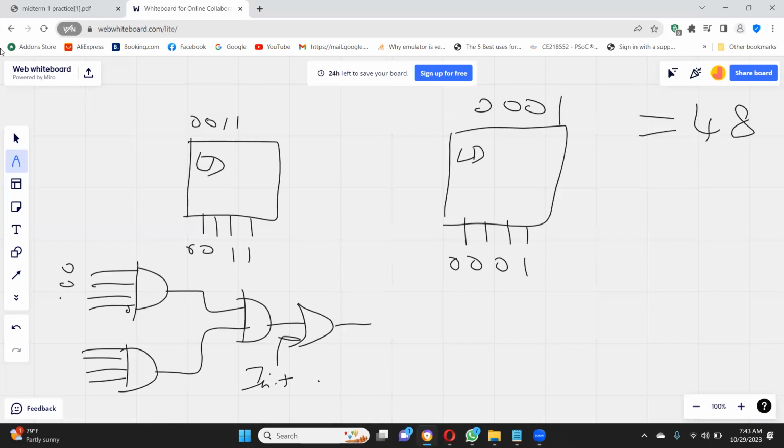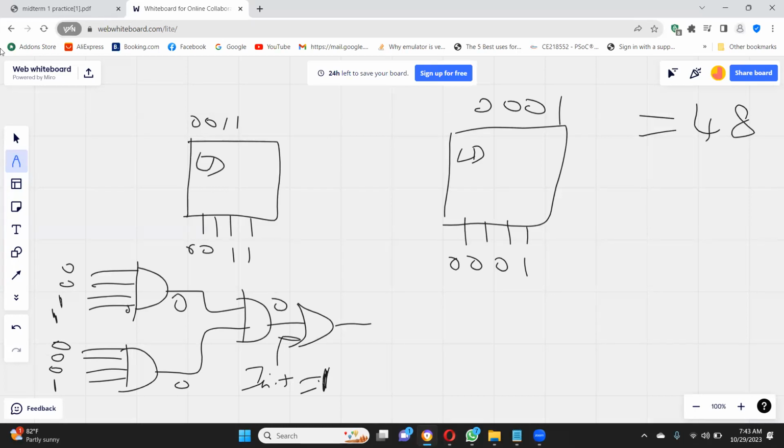0, 0, 1. Now what happens? So this one becomes 0. This is 0, and then it is 0. But initial equal to 1, right?